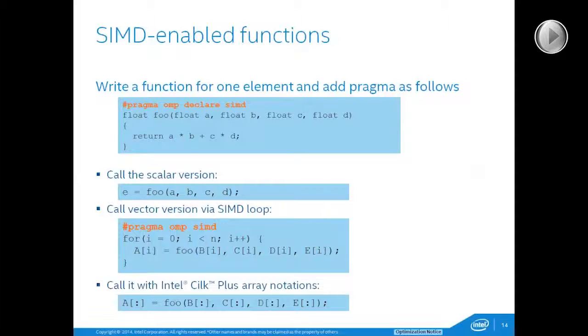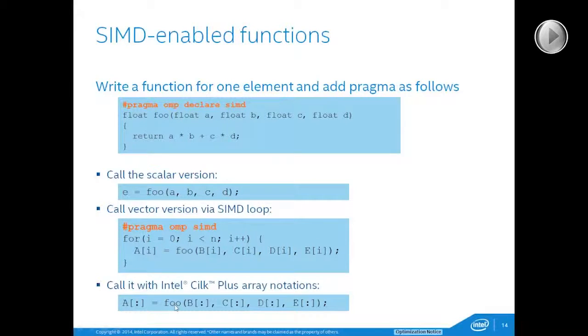That's by putting the pragma OMP declare SIMD for the function foo right at the top here. Once you specify this pragma OMP declare SIMD, the compiler is going to generate a vector variant of this function too. And this time, when I invoke this for loop and call this function foo, it's not going to call the scalar variant, but it's going to call the corresponding vector variant of the function foo.